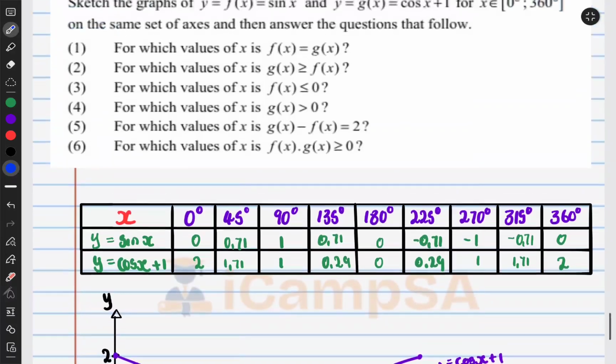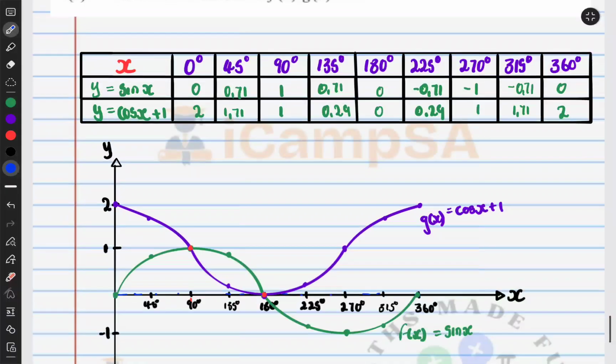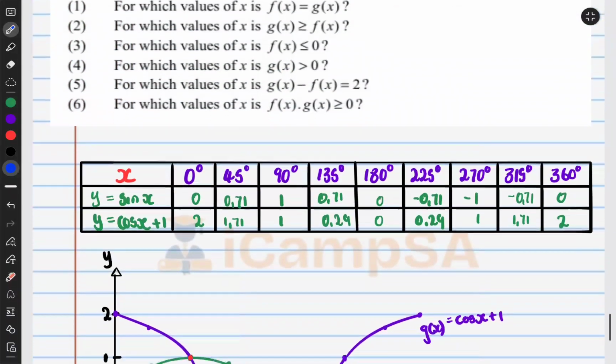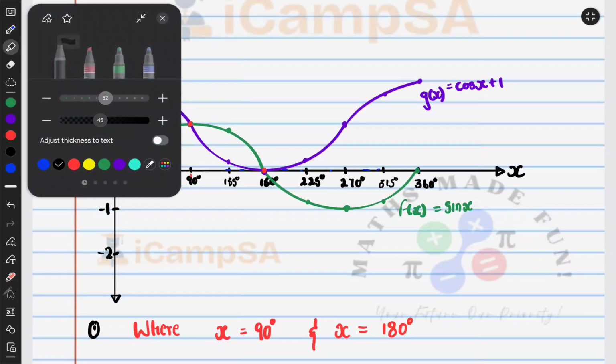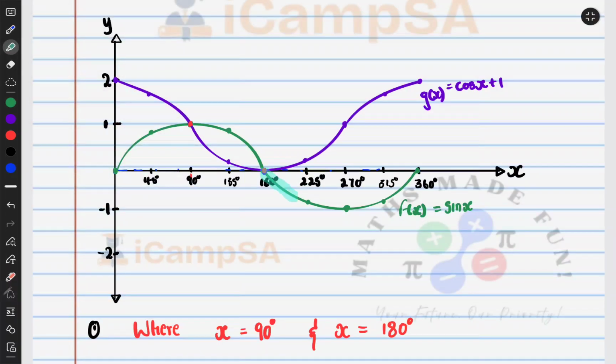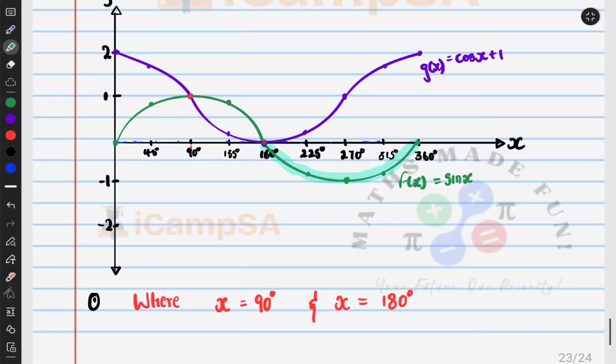Okay. For which values of x is f at x, the function of f, less than or equal to 0, where the function of f is now below the 0 line. It's that part, where it's less or equal to 0.